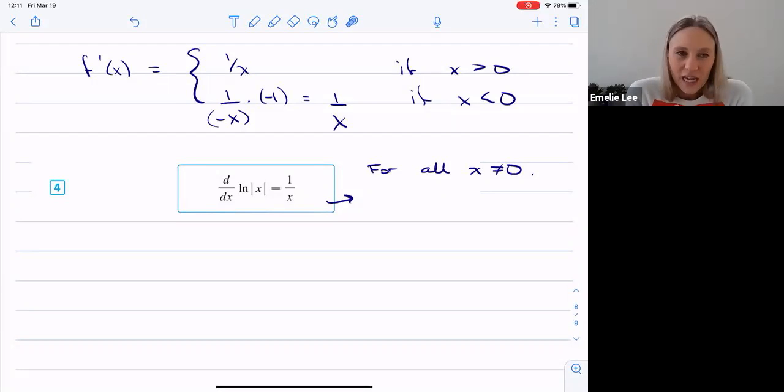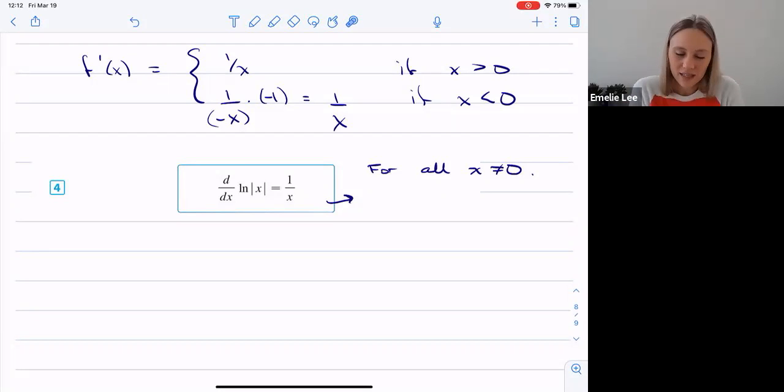A tool that we're going to use is the fact that the natural log is so easy to differentiate. And so we can also think back to log laws.